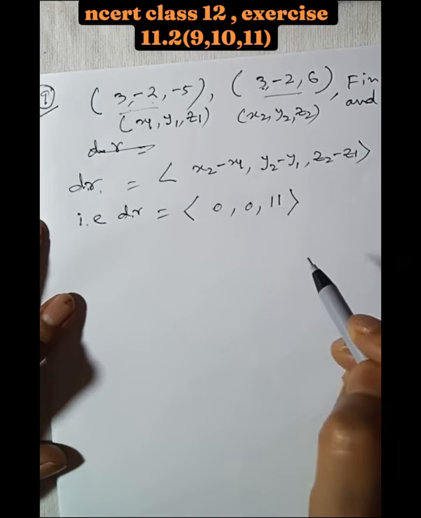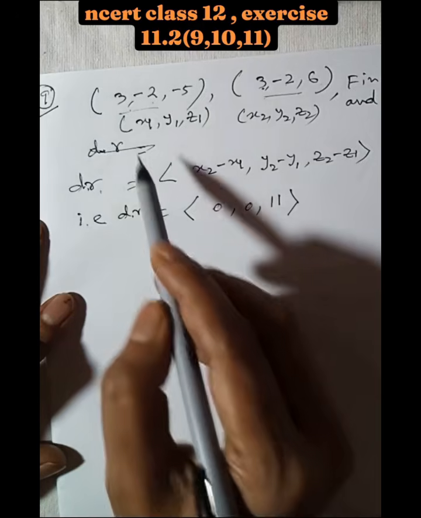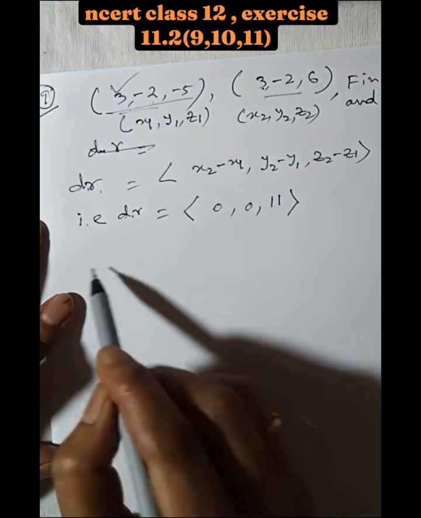This is the direction ratio, and we also need the position vector of a point.